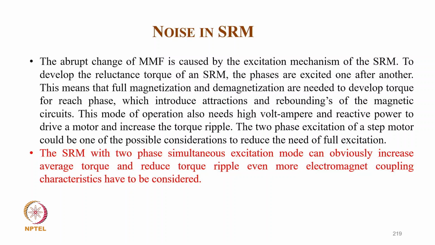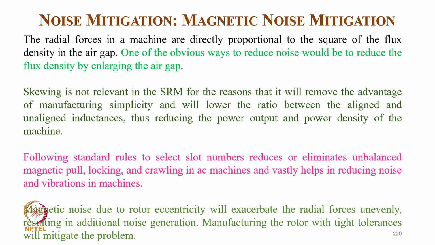This mode of operation also needs high voltage ampere and reactive power to drive the motor and increases the torque ripple. The two-phase excitation of a step motor could be one possible consideration to reduce the noise of full excitation. So SRM with two-phase simultaneous excitation mode can obviously increase the average torque and reduce the torque ripple. Even more, electromagnetic coupling characteristics have to be considered.